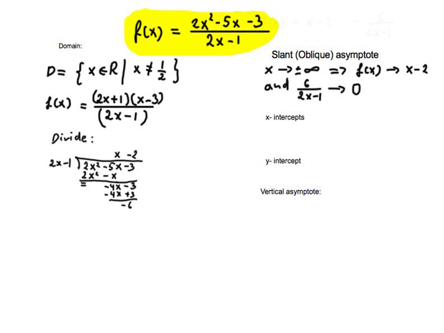So what we're going to do now is divide the entire numerator by the denominator. So this is 2x squared minus 5x minus 3 divided by 2x minus 1. In the process, you get the result that this is equivalent to x minus 2, and the remainder is negative 6. So you may wish to say now that this equation has the following format.